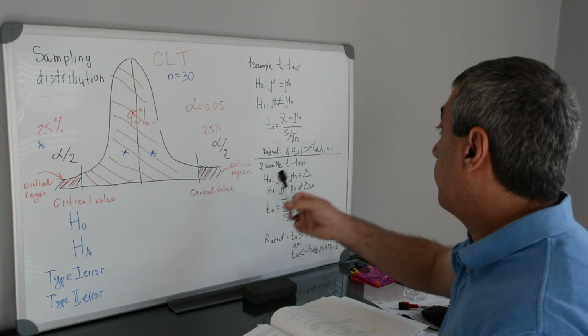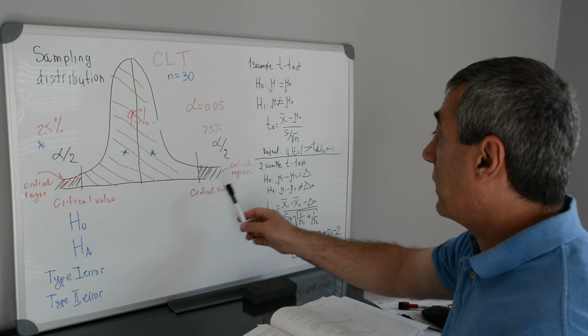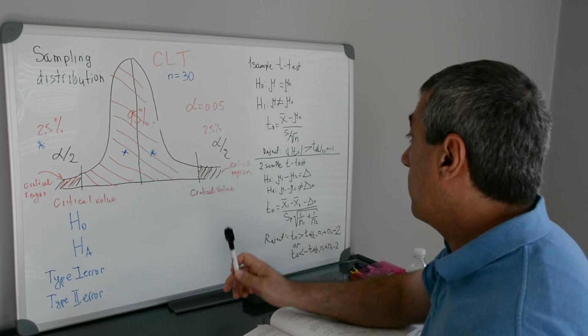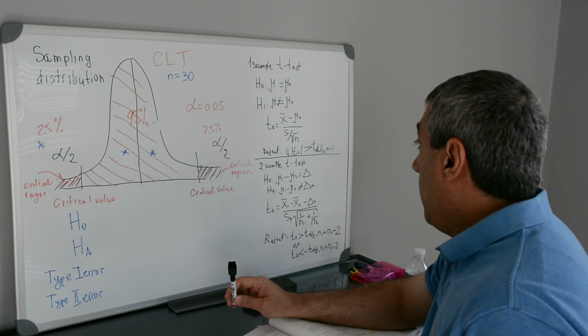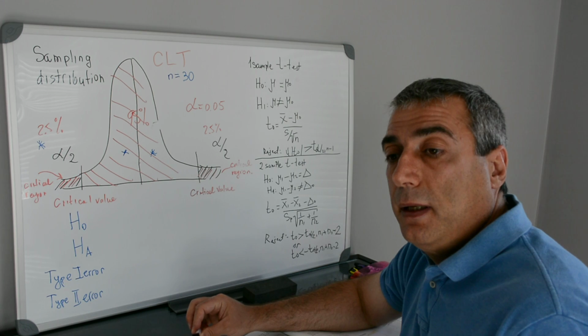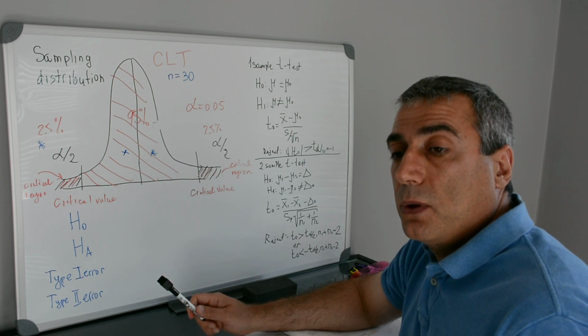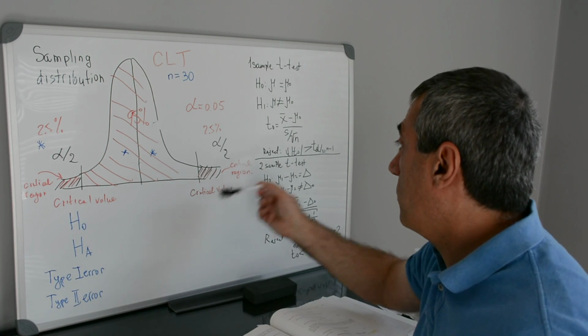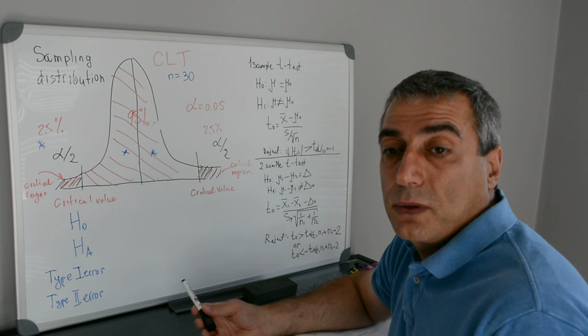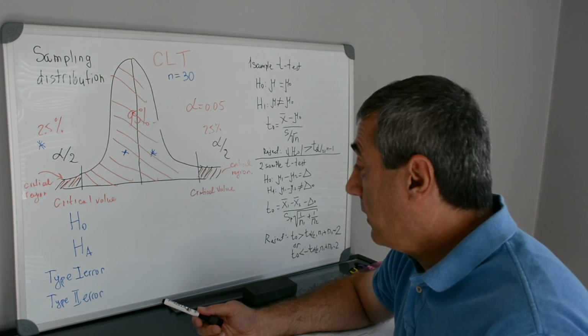And then we compare it to the critical values of the t distribution, which we obtain from the table. Of course, software allows us to automate this process, and we don't do these calculations manually. We do it manually just for the sake of learning.